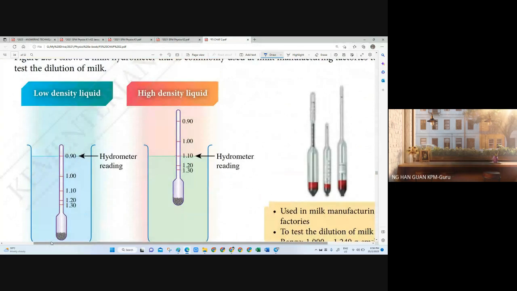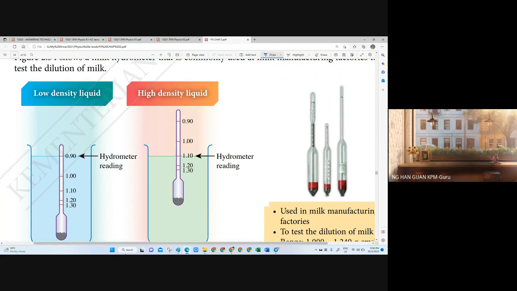Many students, after studying, forget about the hydrometer. A hydrometer is an instrument we use to measure the density of unknown liquids. Because of different densities, the buoyant force will change if it has the same volume.